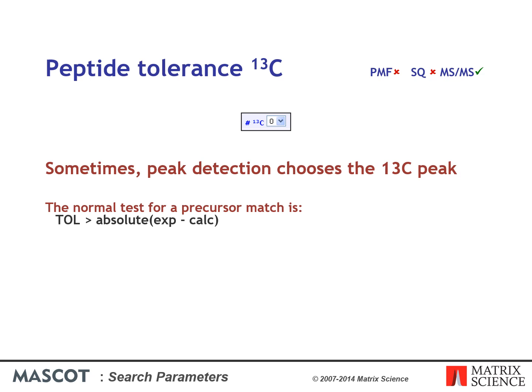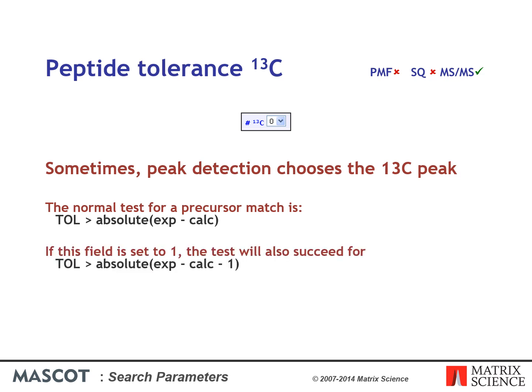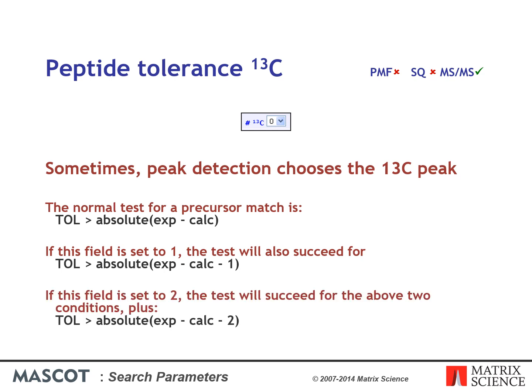Assuming the mass values and tolerances are in Daltons, if this field is set to 1, the test will also succeed for tolerance is greater than the absolute value of the experimental mass minus calculated mass minus 1, and if it's set to 2, the test will succeed for the above two conditions plus tolerance is greater than the absolute value of the experimental mass minus the calculated mass minus 2. This means that you can use a tight mass tolerance and still get a match to a 13C peak.